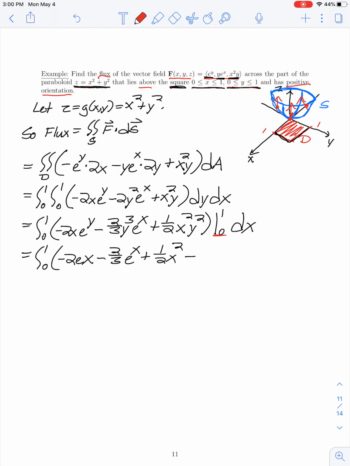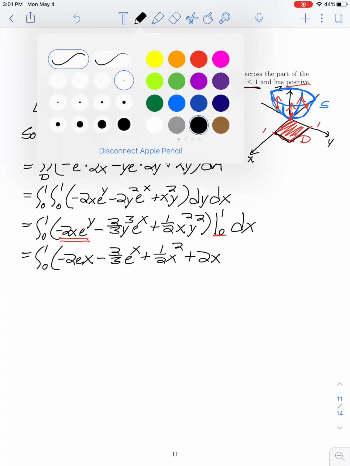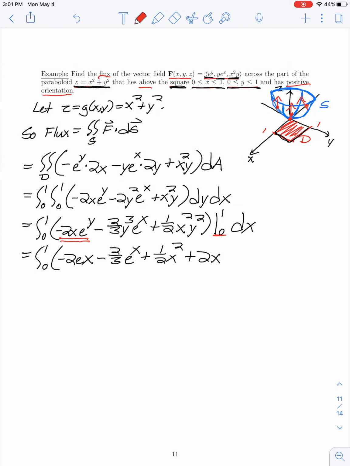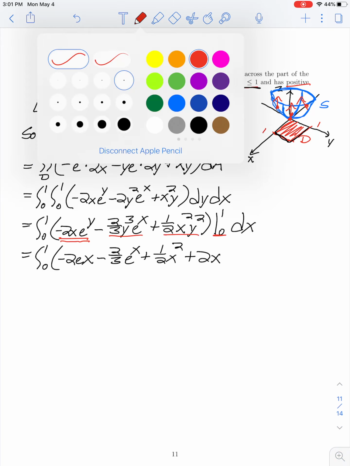And then we subtract what we get when we plug in 0 for y. Plugging in 0 for y, our first term gives us a negative 2x. So subtracting the negative 2x is a positive 2x. And then plugging in 0 for y, the second two terms are 0.